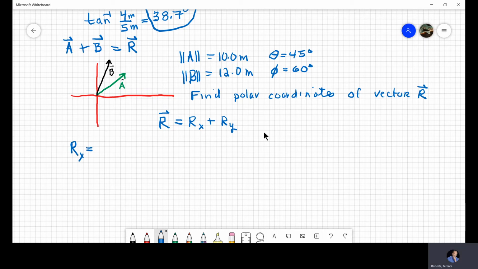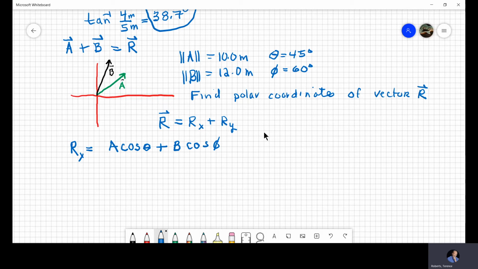R of x is going to be equal to the magnitude of A, the cosine of theta, plus what else? It's going to be the magnitude of B cosine phi. Now all of this, A cosine theta and B cosine phi, are just the components on the x-axis, right?